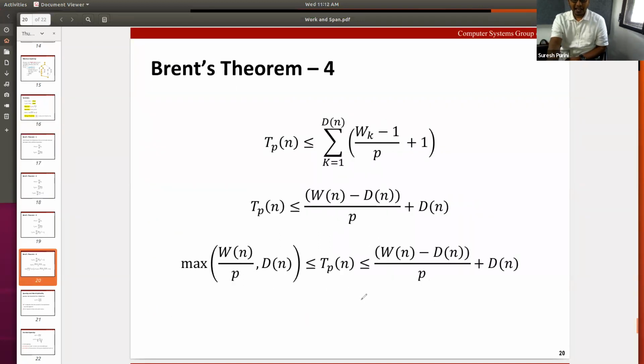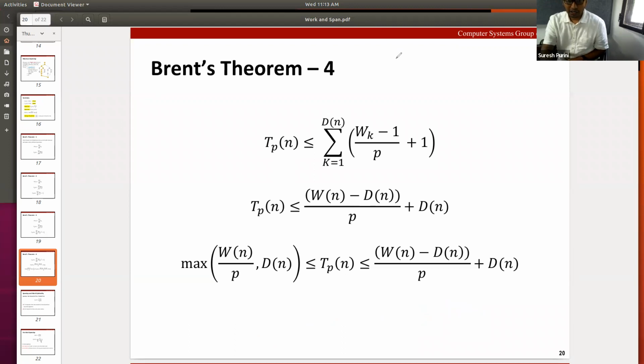And the third idea is Brent's speedup theorem, which gives an upper bound, written in a different way. The upper bound is T1 by P plus T infinity. This is how Brent's theorem is usually stated. If you are writing a scheduler which violates this upper bound, then your scheduler is not a great scheduler.